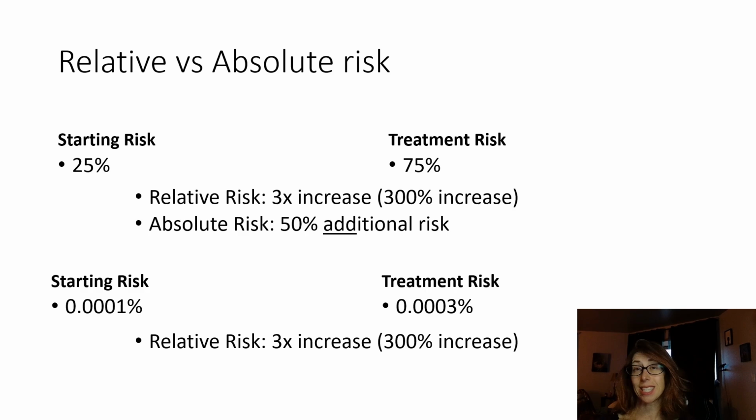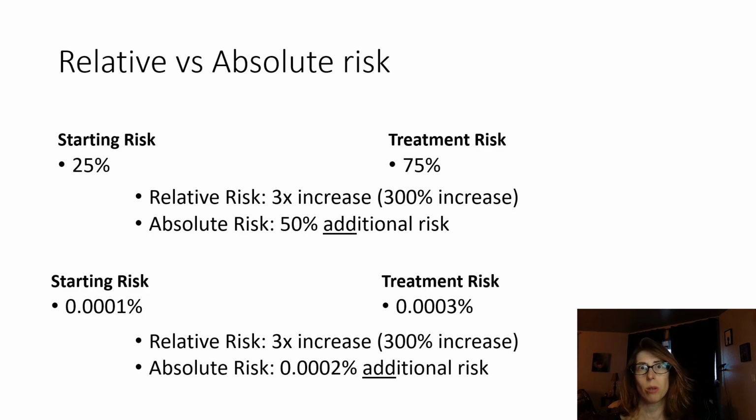So relative risk is the same in these two scenarios, but the scale is entirely different. The scale is given to you by the absolute risk. The absolute risk increase is 0.0002% in this last scenario.